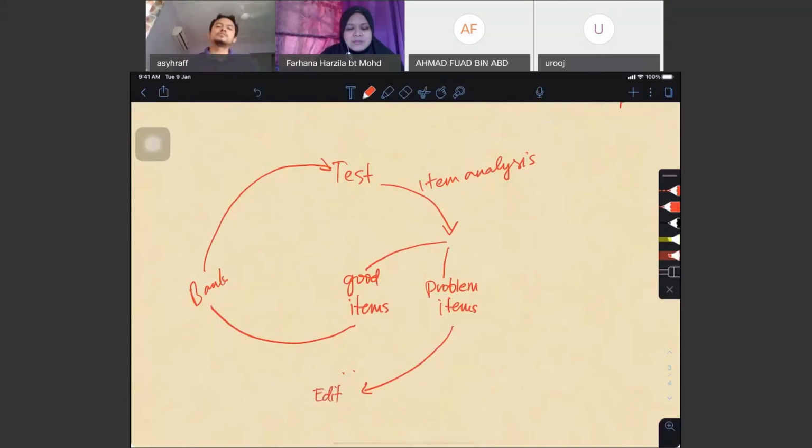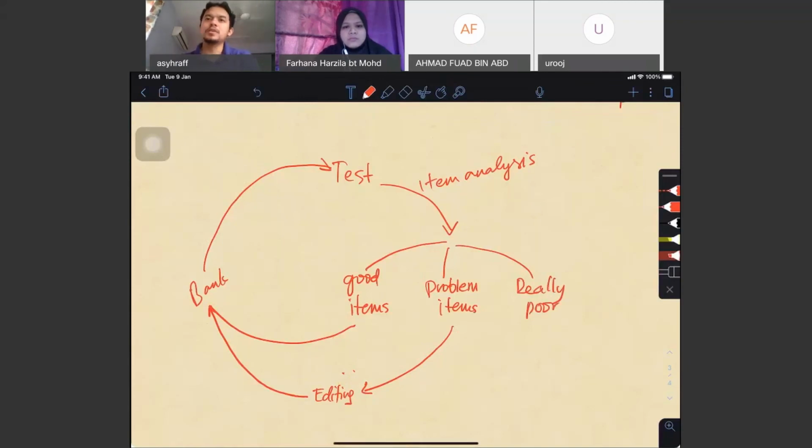We send back to the author and suggest some changes or whatever, and then it goes back to the bank for a test. Okay, and for really poor items, they get eliminated, rejected.